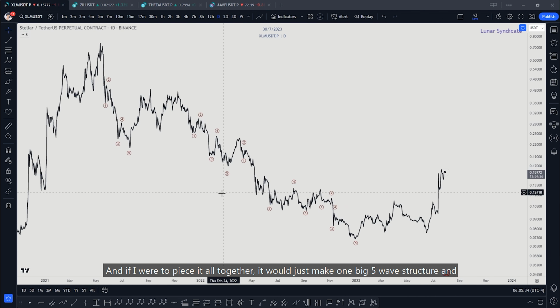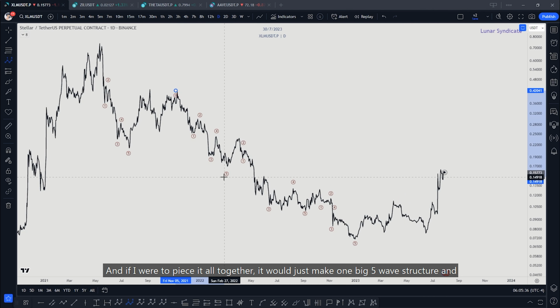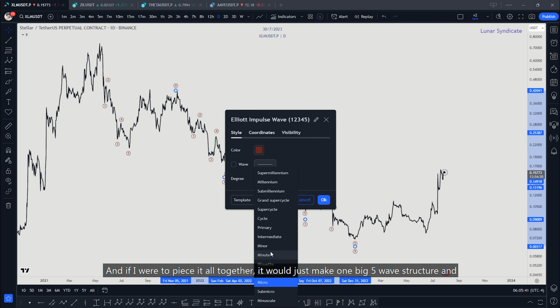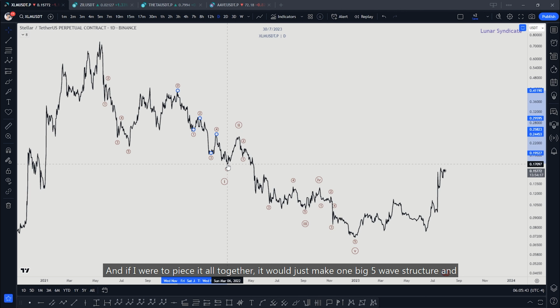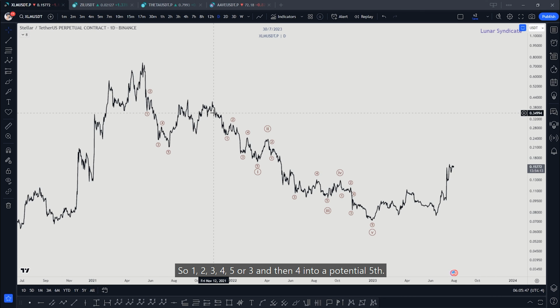And if I were to piece it all together, it would make one big 5-wave structure. So 1, 2, 3, 4, and then 4 into a potential 5th.